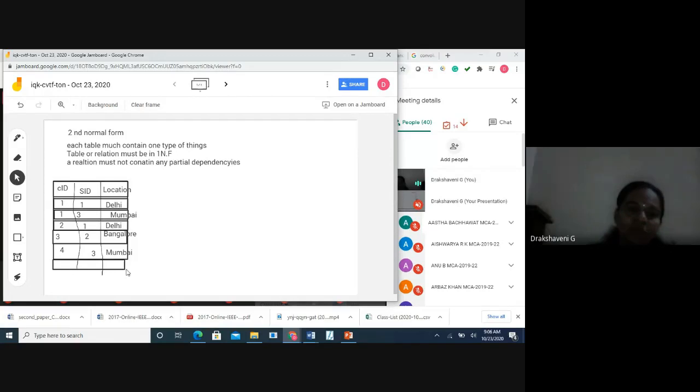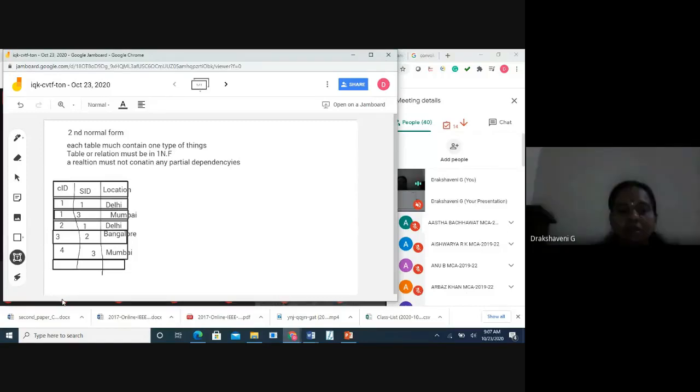Then which one shall I make the primary key? Can anyone say: customer ID, store ID, or location?